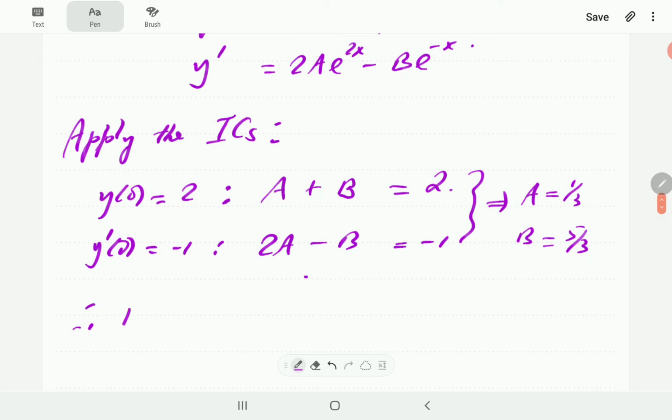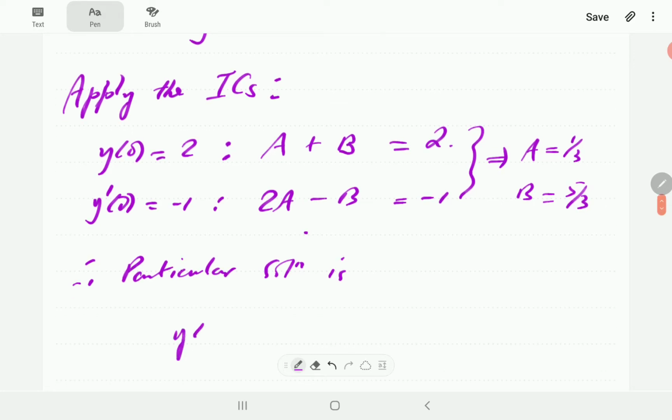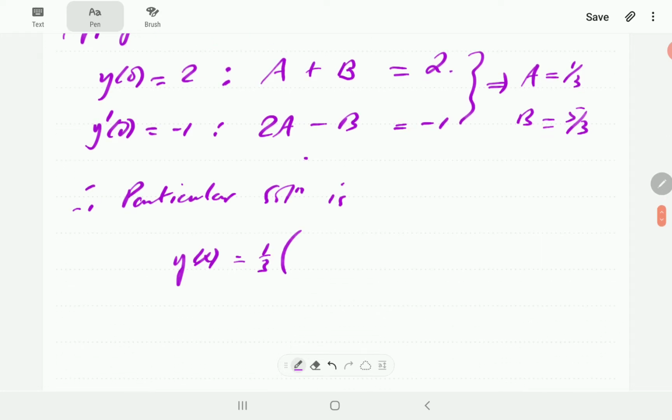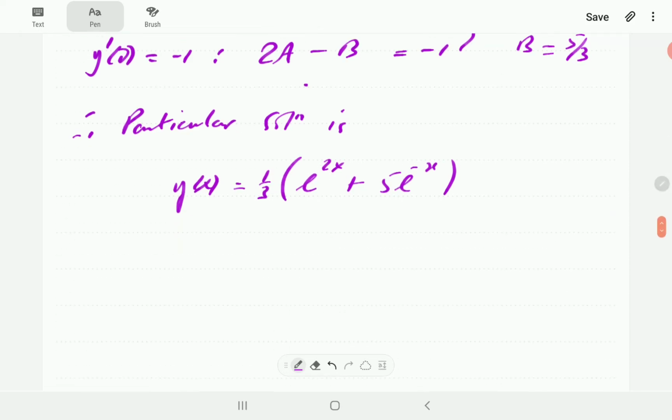So this is telling us that the particular solution is going to be given by 1/3 into (e to the 2x plus 5e to the minus x). So that is part A.